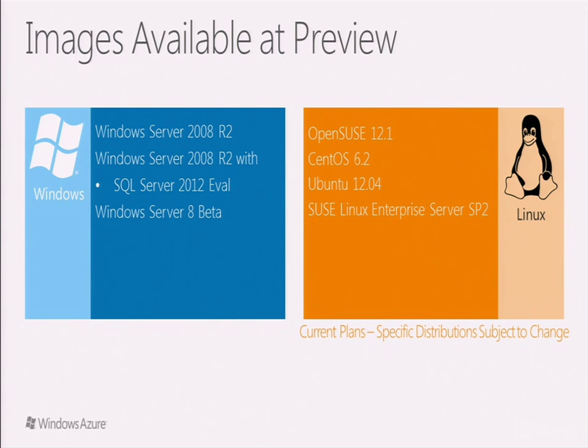We also have pre-built images that have OpenSUSE, CentOS, and Ubuntu, as well as SUSE Linux Enterprise Server. So there are quite a few options today, and of course you can also build your own and upload as well. But those are the pre-built images that we have today at this preview or beta stage.